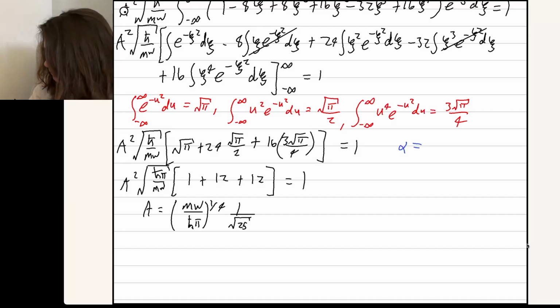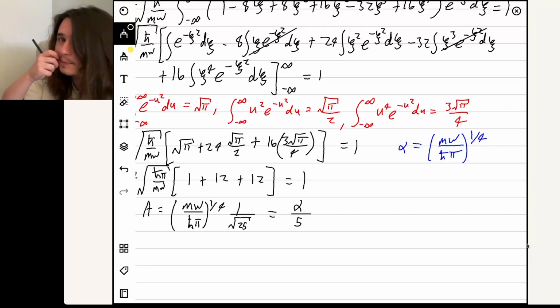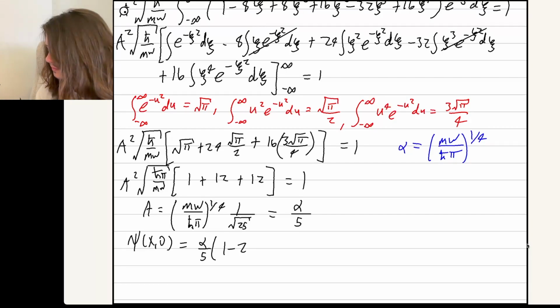Alpha equals m omega over h bar pi to the 1/4, again for brevity purposes, so we just have alpha over 5 for A, which means we can write the initial wave function as alpha over 5 times (1 minus 2ξ squared) e to the minus ξ squared over 2.